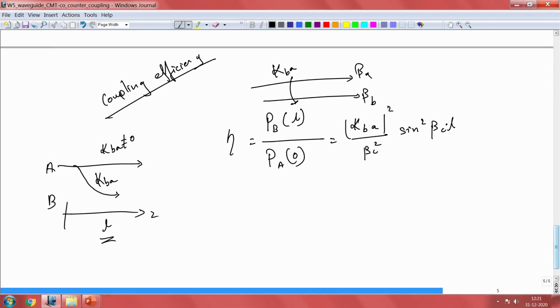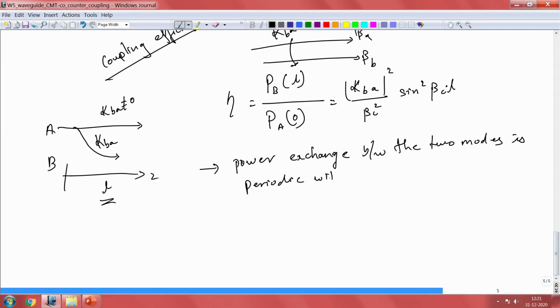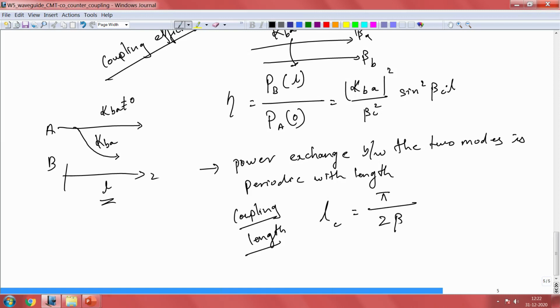So, the power exchange between the two modes is periodic with length, and that coupling length L_C is given by pi over 2 beta C.